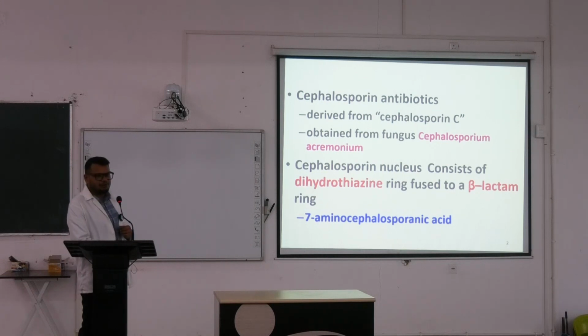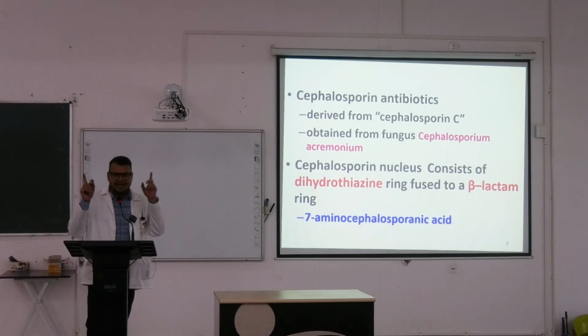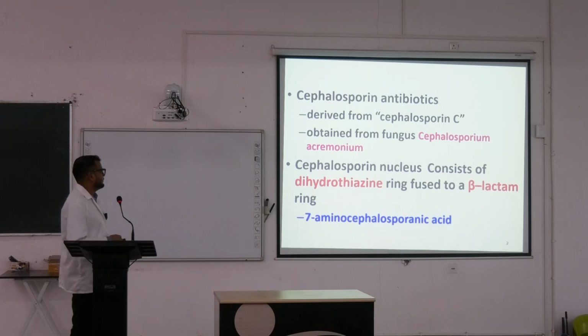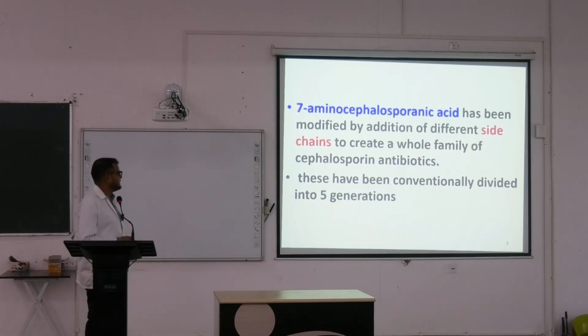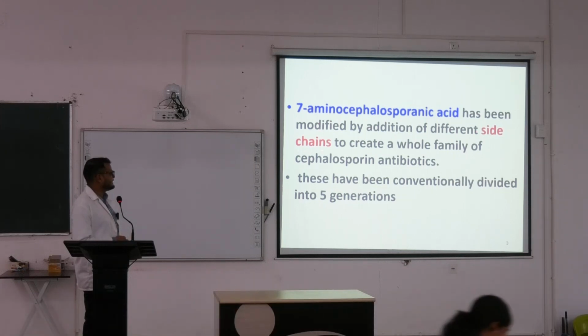What is the active form of cephalosporin? That is 7-aminocephalosporanic acid. Okay, that is the active form of cephalosporin. 7-aminocephalosporanic acid has been modified by addition of different side chains to create a whole family of cephalosporin antibiotics.